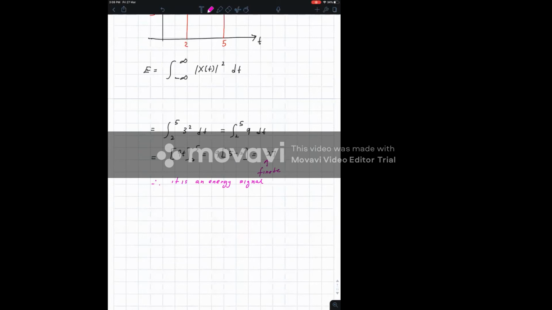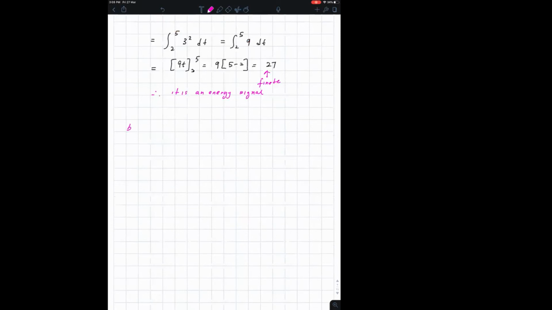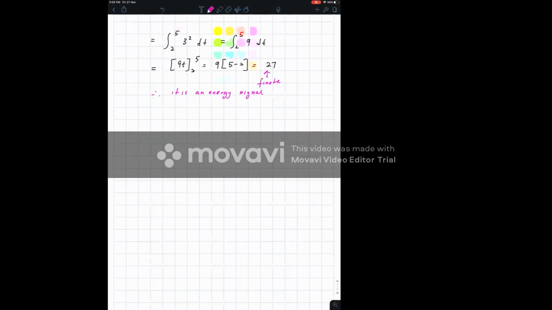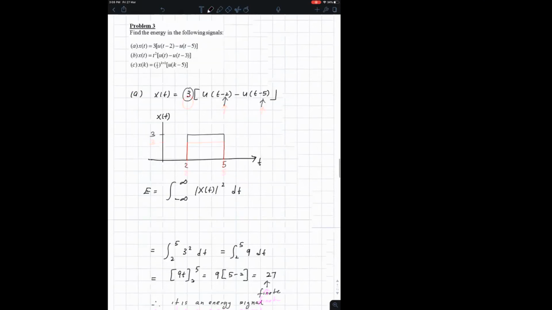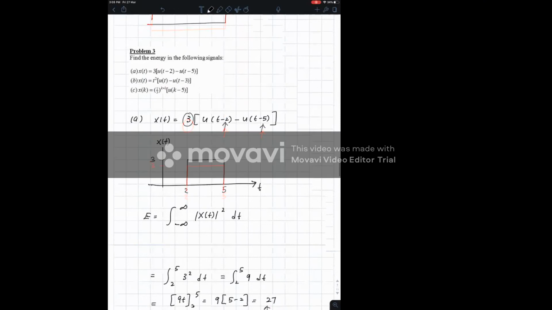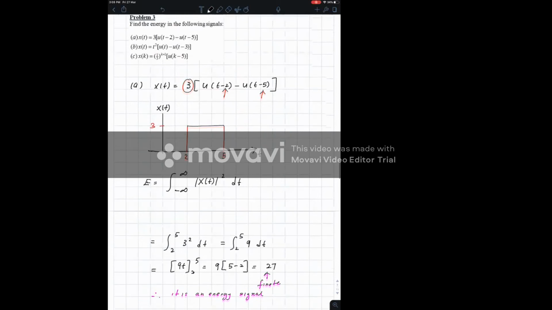The next problem also, x(t) is t squared u(t) minus u(t-3).